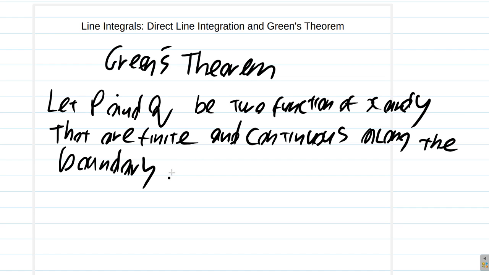It's a boundary. If it's a closed curve, you have an inside boundary and an outside boundary.